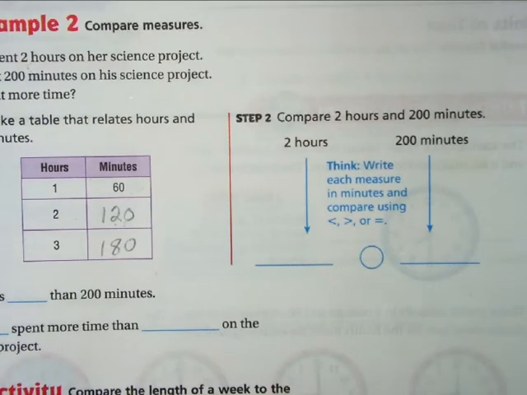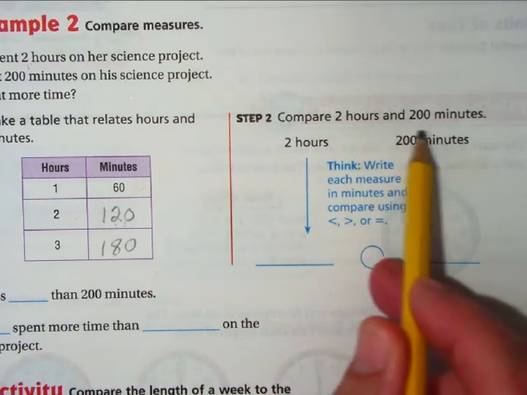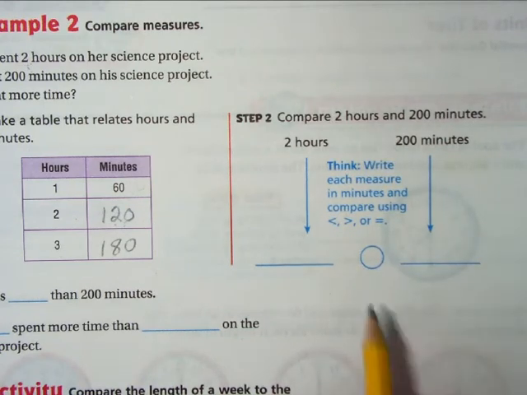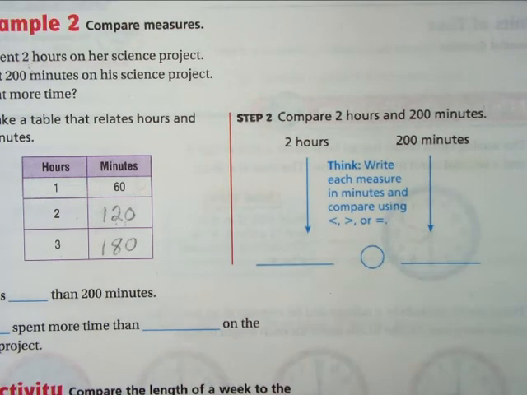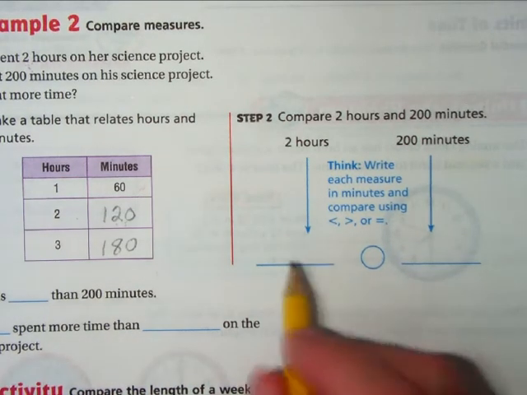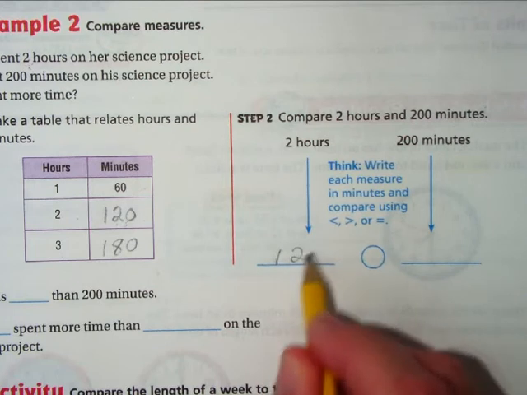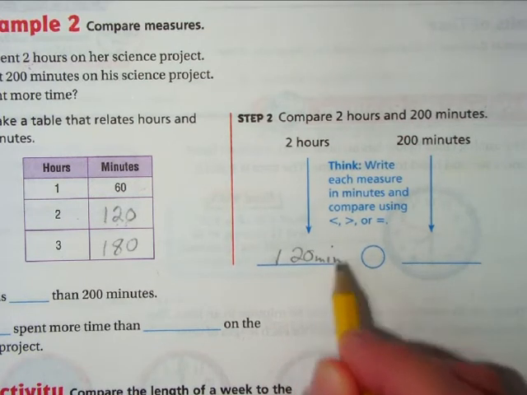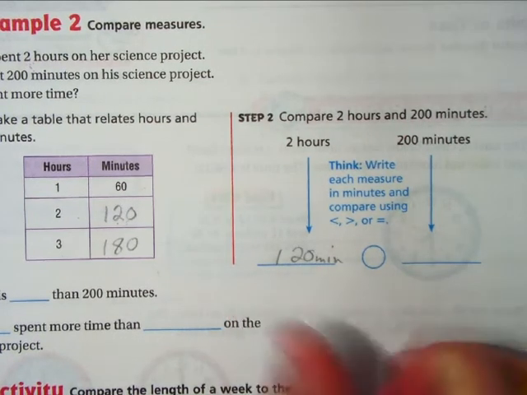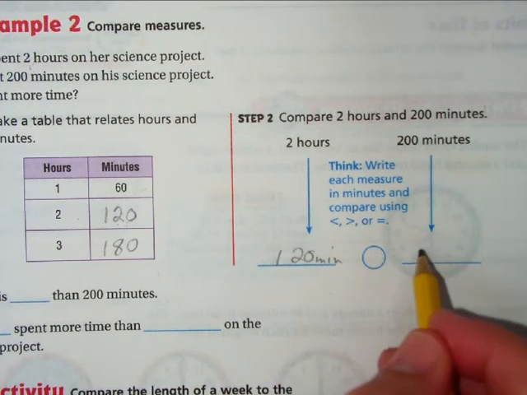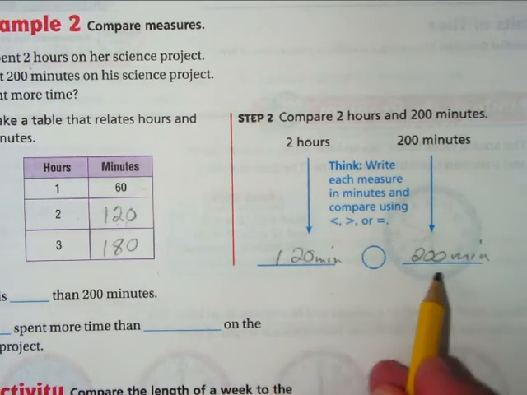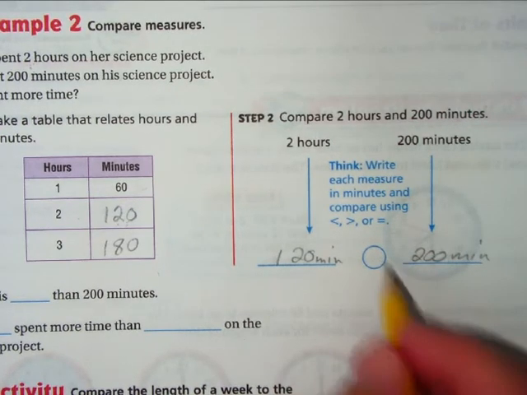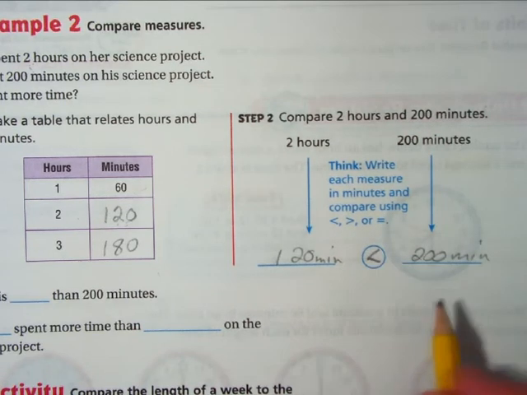So step 2, if you compare 2 hours and 200 minutes, 2 hours would equal 120 minutes. And we just bring down the 200 minutes because now we have the same unit of measure. So 200 minutes. So 120 minutes compared to 200 minutes, I definitely say is less than.